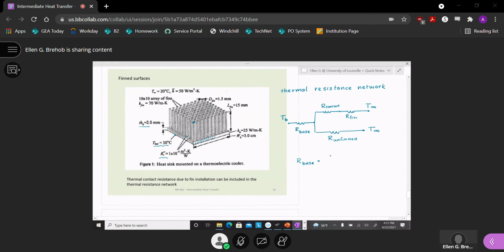The base area, the thermal resistance, L over KA is my general way of thinking about it.